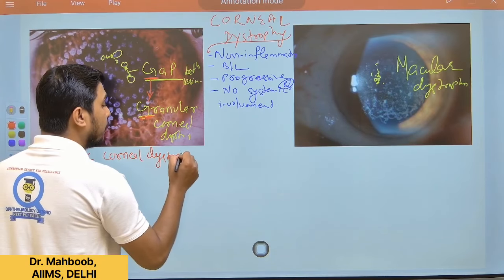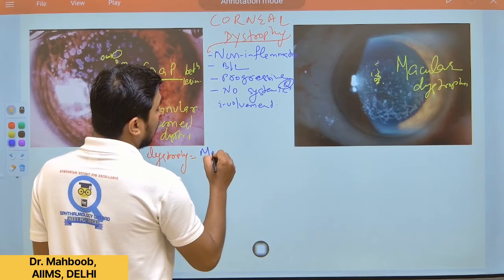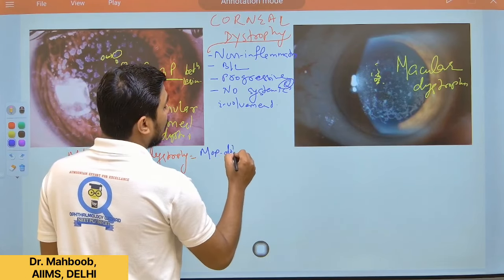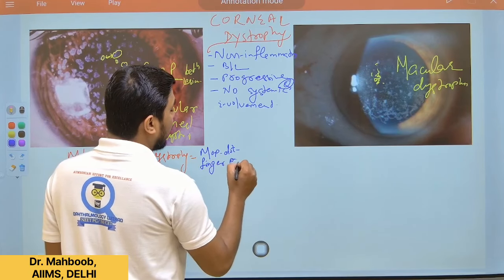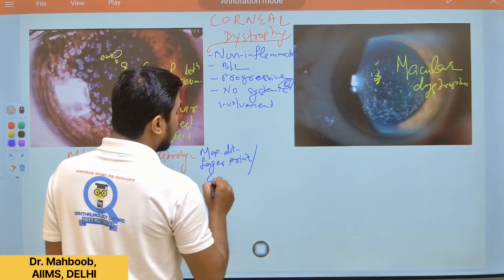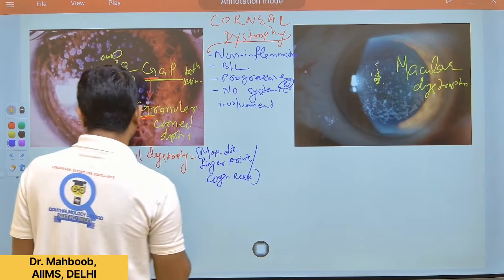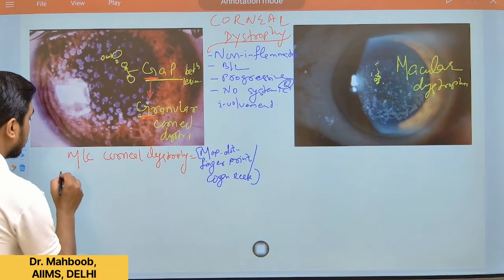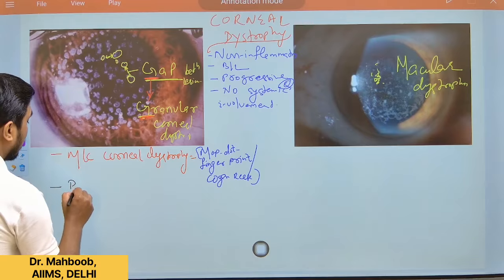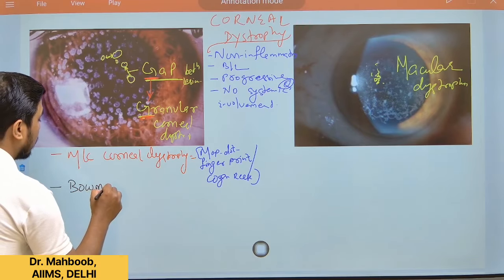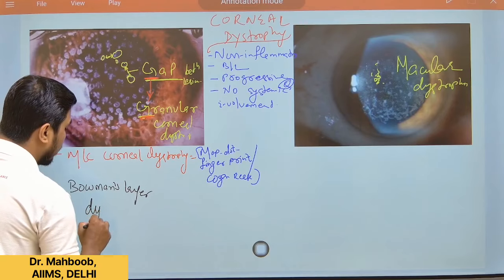Tell me, most common corneal dystrophy: map dot fingerprint and Cogan's, both are the same. Second, Bowman's layer dystrophy. Name.